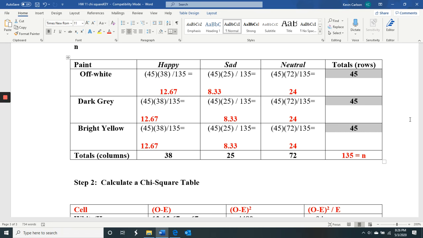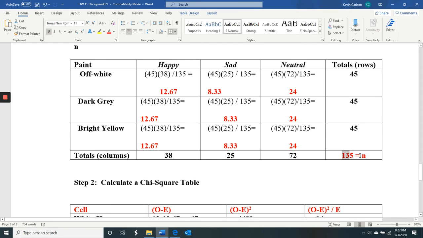We didn't manipulate it. It's predictor variables. So in this case, this is actually an experimental study because we want to make sure to put a third of people in an off-white room, a third in the dark gray, a third in the bright yellow. So since we're manipulating this variable of paint, that's our IV, that's why we have equal 45s here.